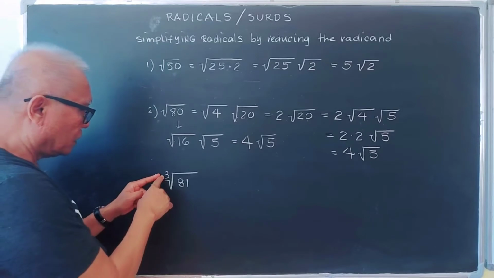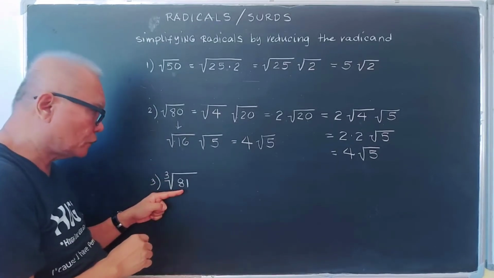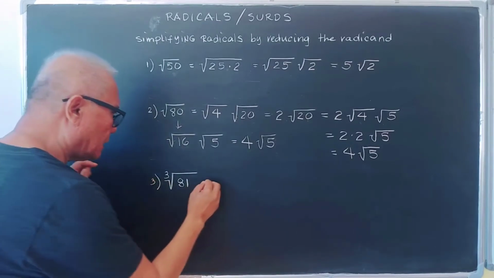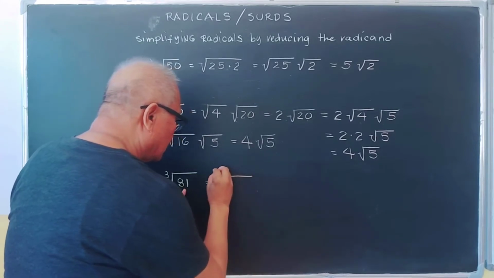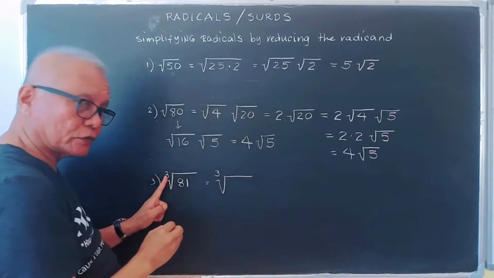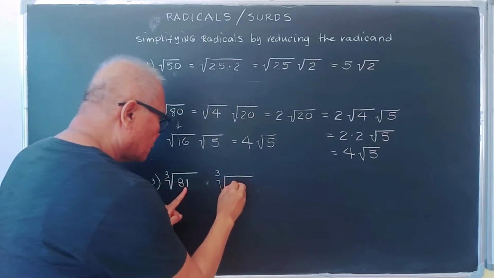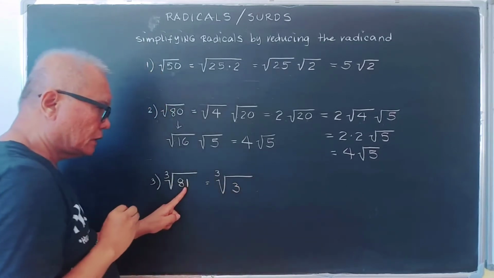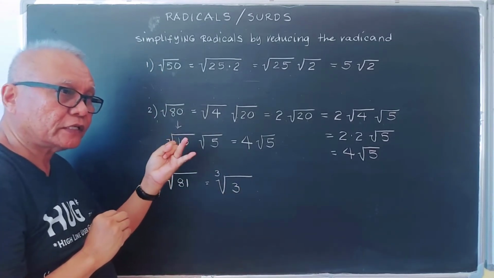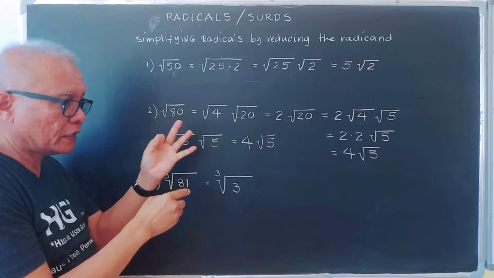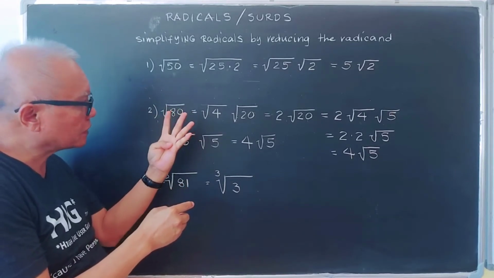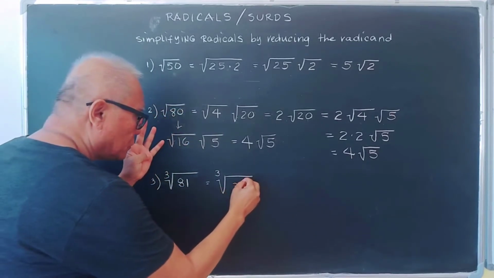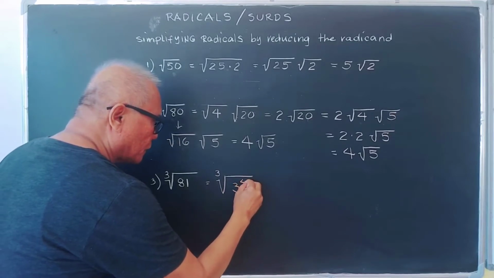Okay, we have here the cube root of 81. This is a cube root. This one is base 3. So we have 3 times 3, 9 times 3, 27 times 3, so 81. So we have 3 to the 4th.